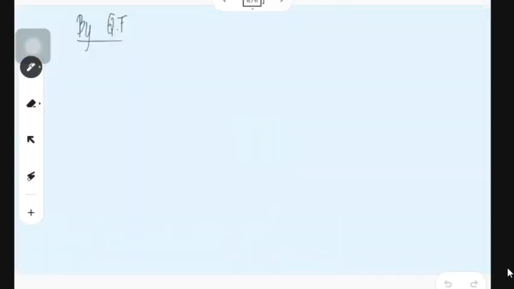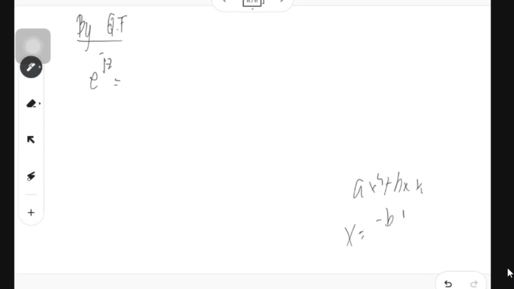So, magiging e to the jz is equal to, ano yung formula natin? Ano yung x? Negative b plus or minus square root of b squared minus 4ac all over 2a. Tama? I-apply natin.